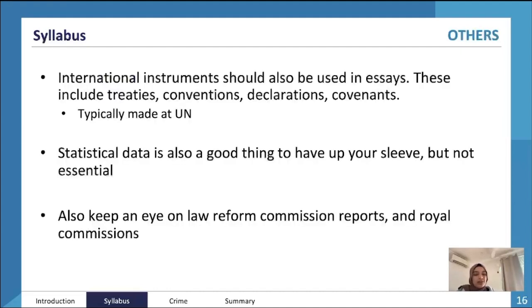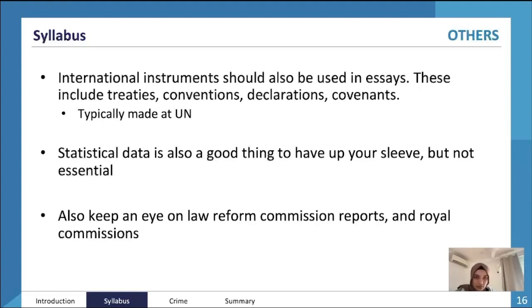All right, others. So international instruments should also be used in essays. These include things like treaties, conventions, declarations, covenants. These are typically made at the UN level. So you can definitely have a look and search those up. They shouldn't be too difficult to find regardless. Statistical data as well is always a good one to have up your sleeve, but it's not essential really.